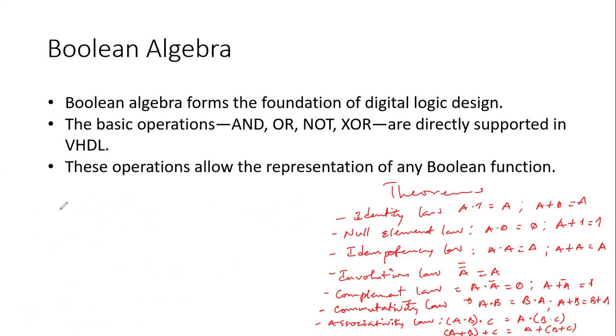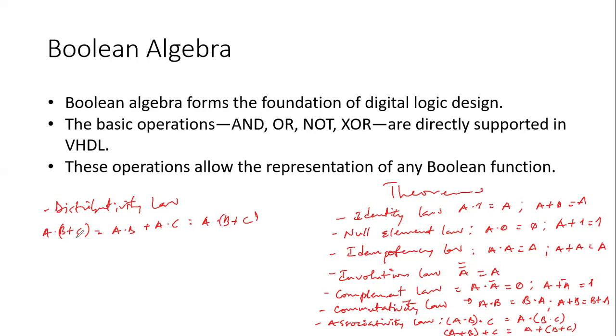And then we also have the distributivity law, that A dot B plus C, for instance, will be the same as A dot B plus A dot C. And then by duality, because this now will be the same as A dot B plus C, right?